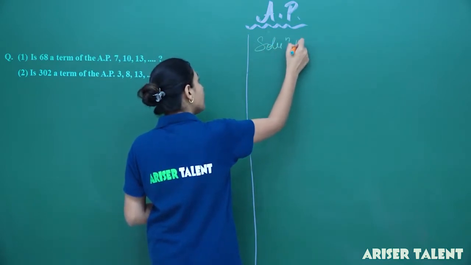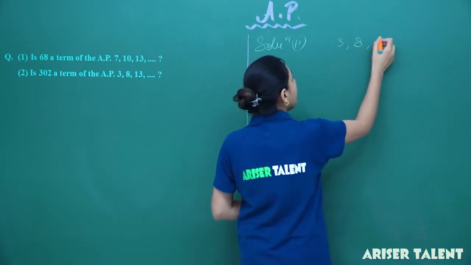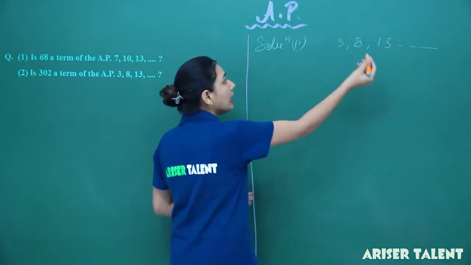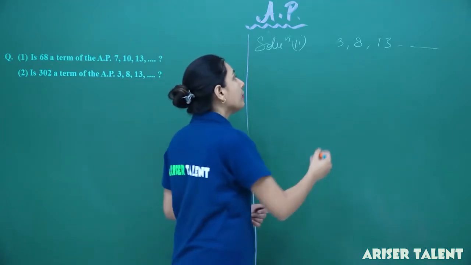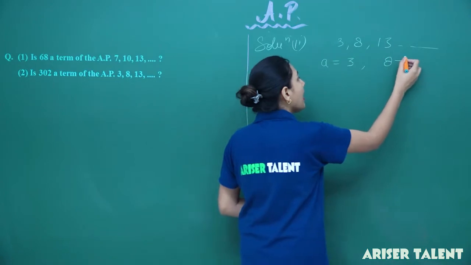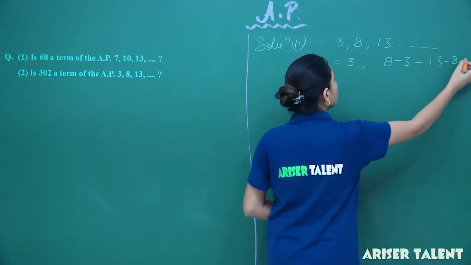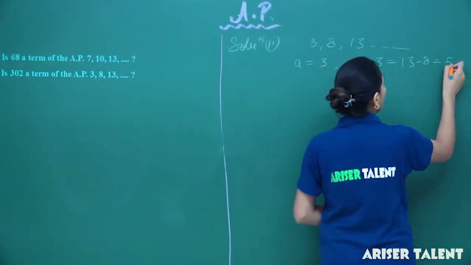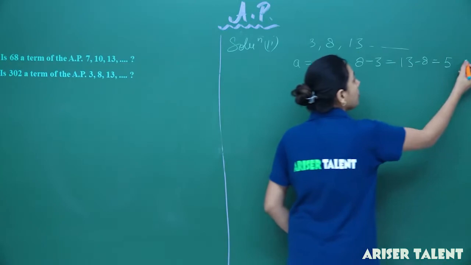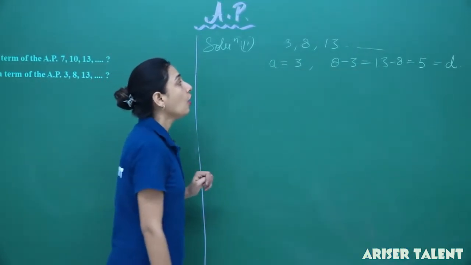Right, now the second solution. Can I repeat this process, students? This is 3, 8, 13 and so on. If this is the arithmetic progression, the value of a equals 3. Now 8 minus 3 equals 5, and 13 minus 8 equals 5. So 5 is the common difference d.